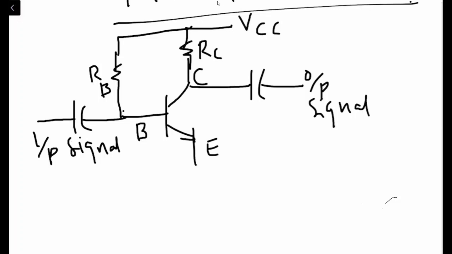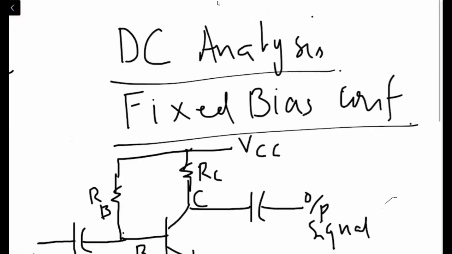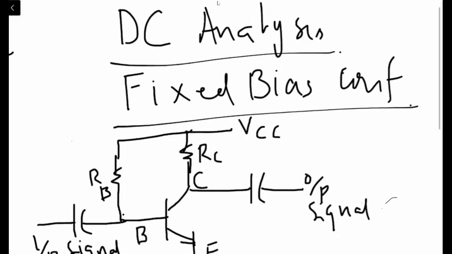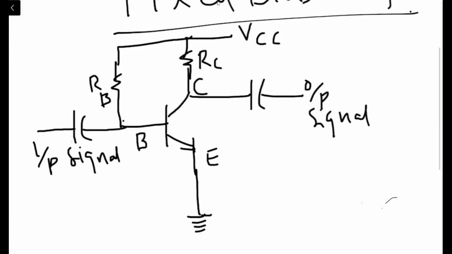And the emitter is directly grounded over here, right? Now, as we have said, we will be doing the DC analysis for this chapter. So to start the DC analysis, the first point is that we are going to look into the DC circuit, because the input signal and the output signal.